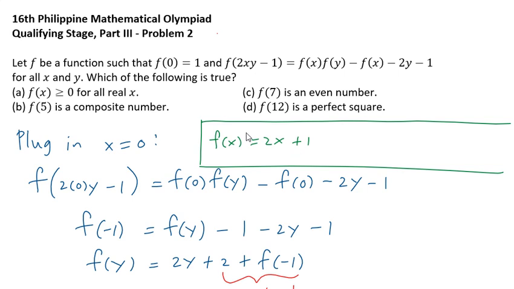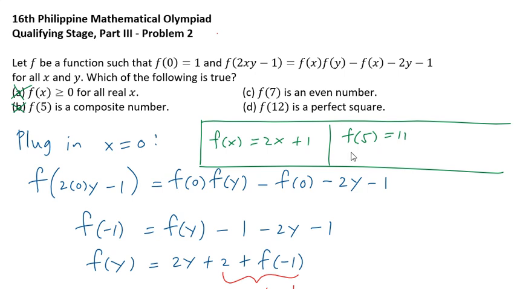So clearly, answer choice A is false. Now, how about answer choice B? Now, if we plug in x equals 5, clearly we have f of 5 equals 11, which is not composite.